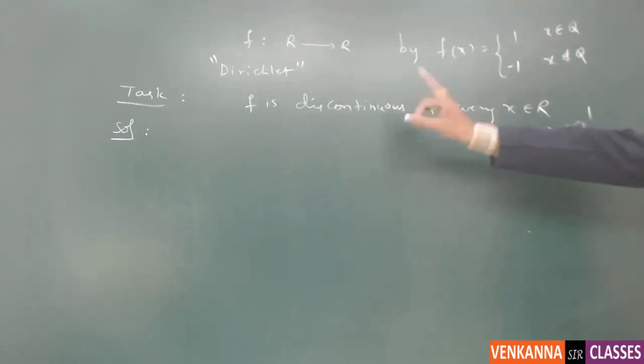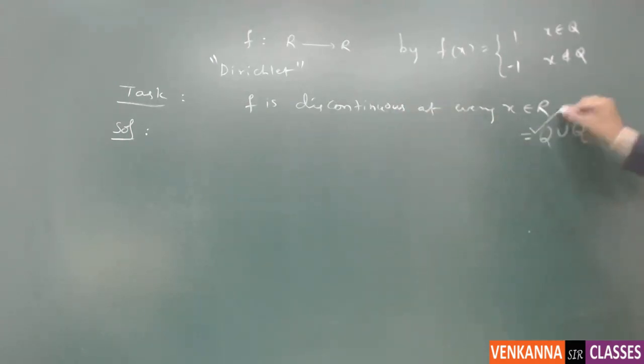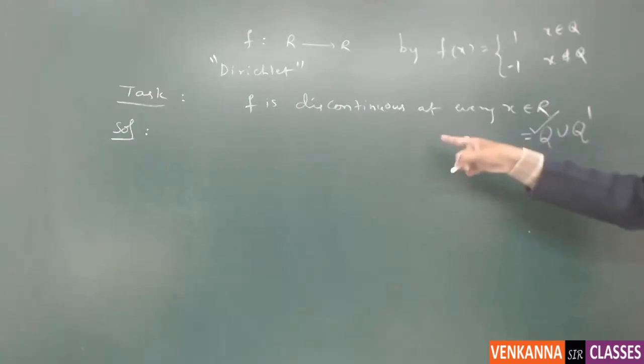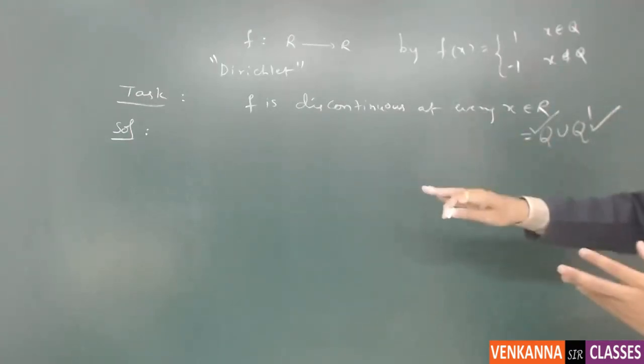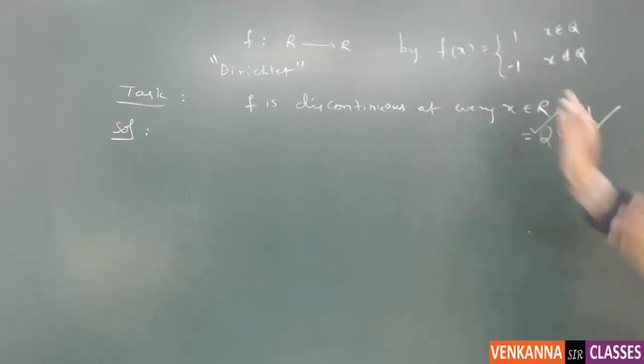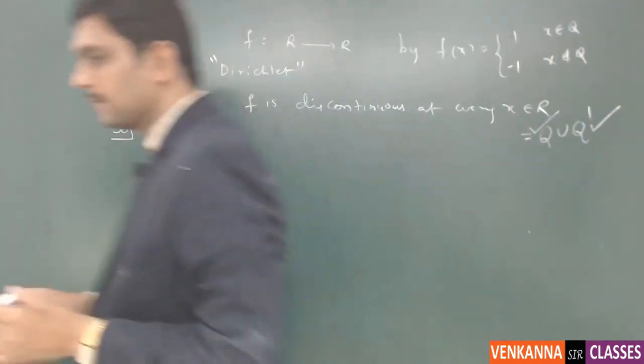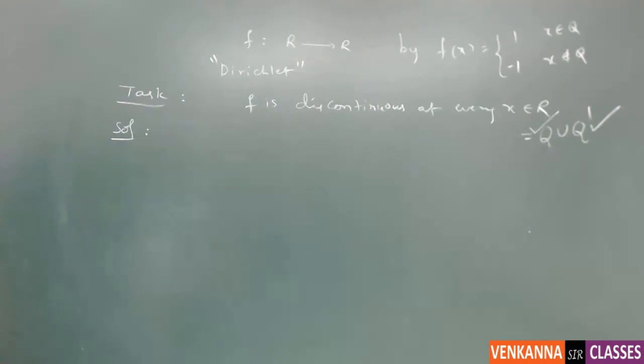You are going to prove that f is discontinuous at every rational number and at every irrational number, so that f becomes discontinuous at every real number. Okay? Is the logic clear? Right. So let us take that.